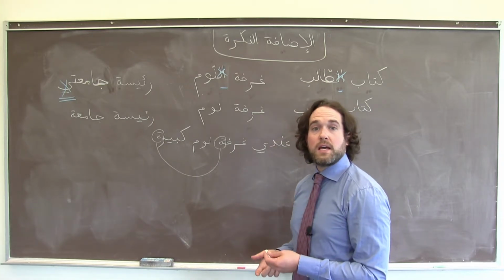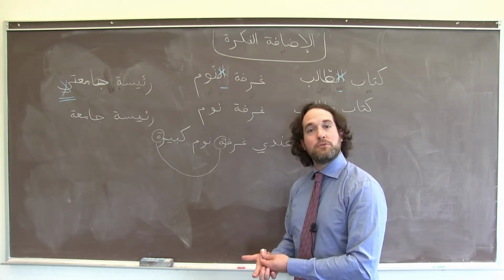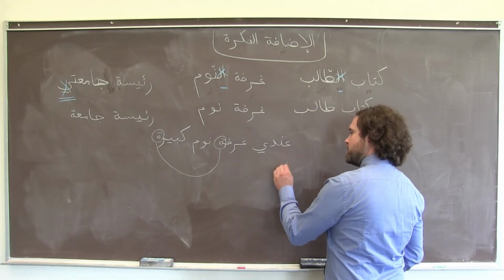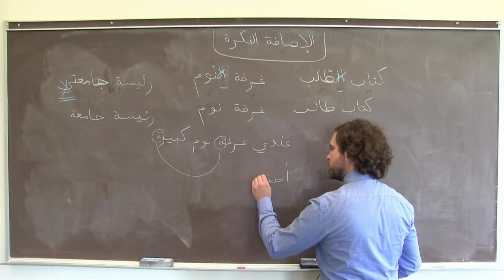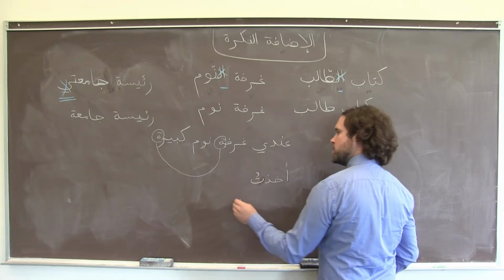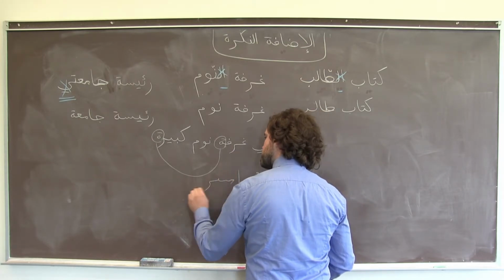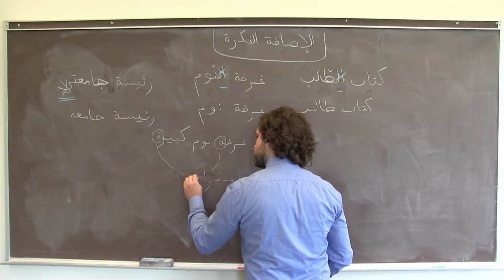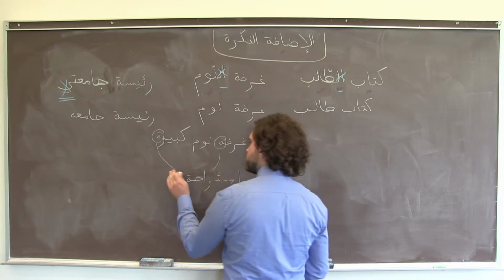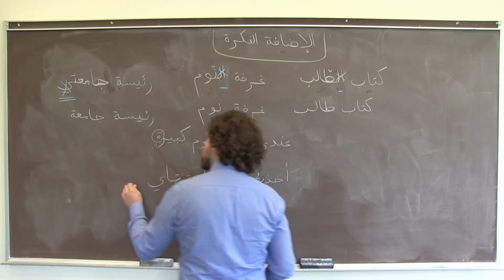Or if I wanted to say, I took a short tea break, something that will happen if you travel to the Arab world, I assure you. You could say, أخذت استراحة شاي قصيرة.